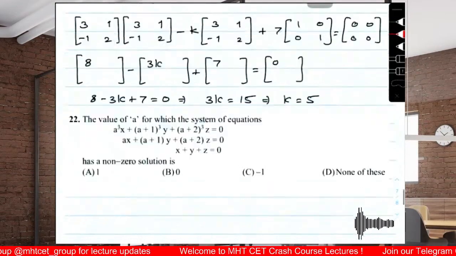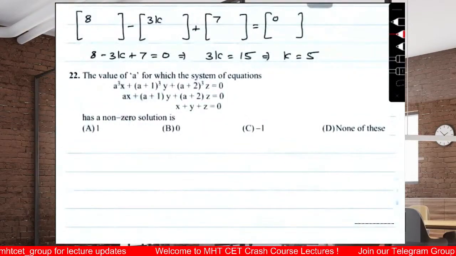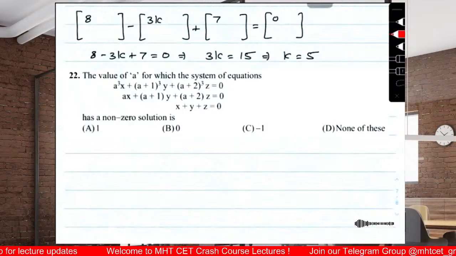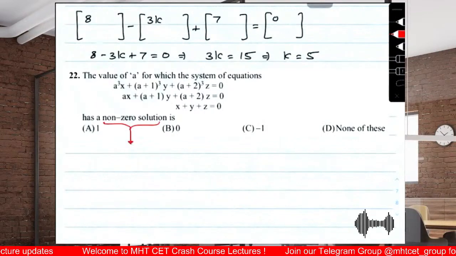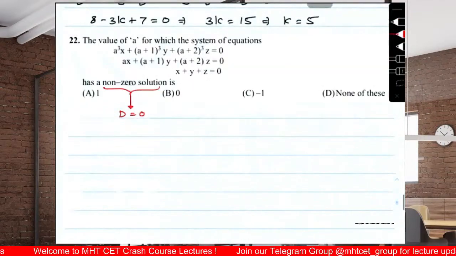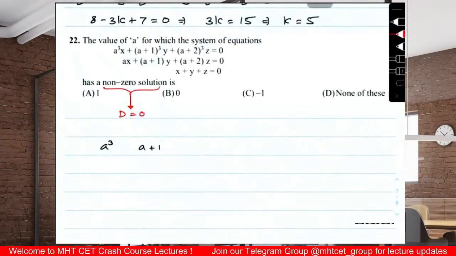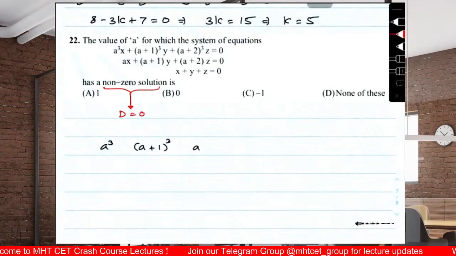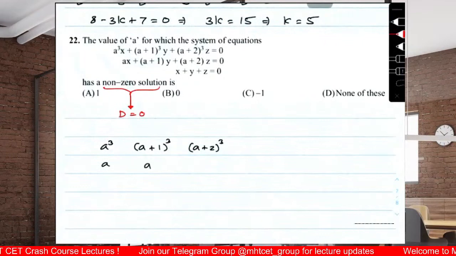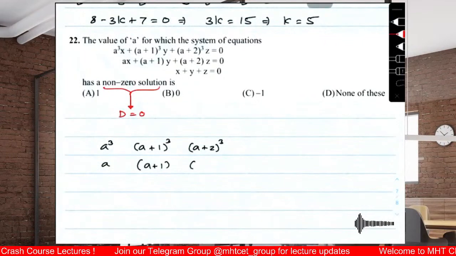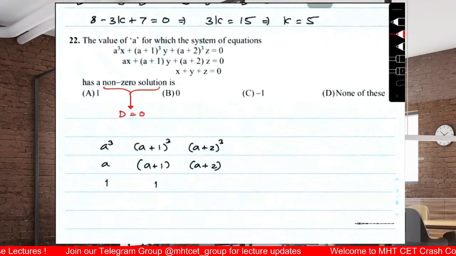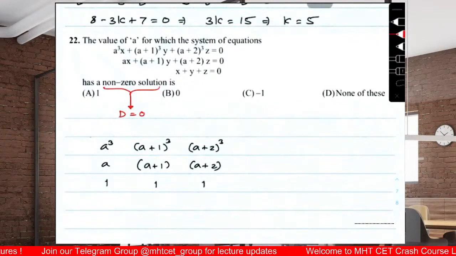Non-zero solution के लिए determinant should be 0. A non-zero solution implies determinant is 0. So determinant of a cube, a plus 1 the whole cube, a plus 2 the whole cube, a, a plus 1, a plus 2, 1, 1, 1.